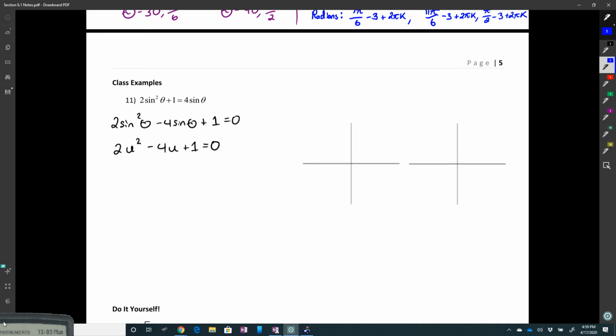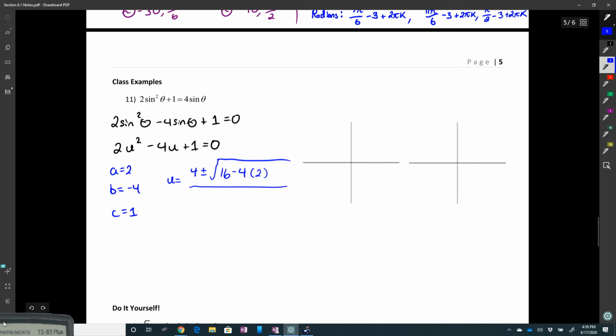So the quadratic formula, I have a equals 2, b equals -4, and c equals 1. So x, or in this case u, it's not x, is negative b plus or minus the square root of b squared minus 4a times c, all divided by 2a. So 2 times 2 is 4.